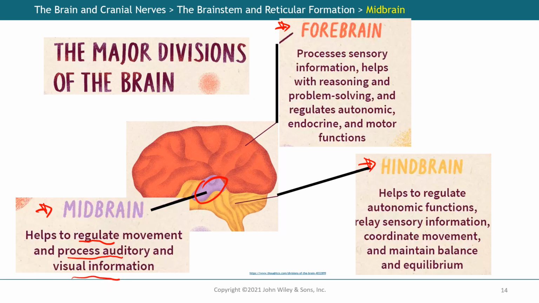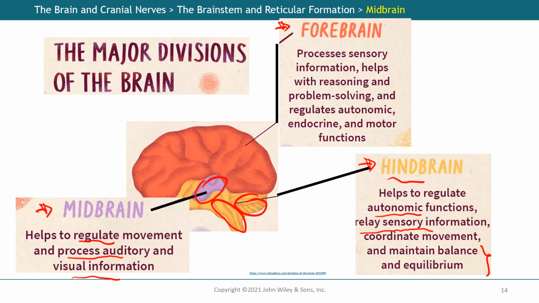So, process of movement. And here in the hindbrain, so the brainstem plus this area of the cerebellum, it will be involved in autonomic functions. And here, as we said before, relay of sensory information and coordination of balance and equilibrium.